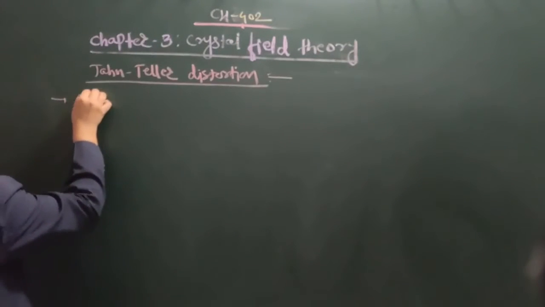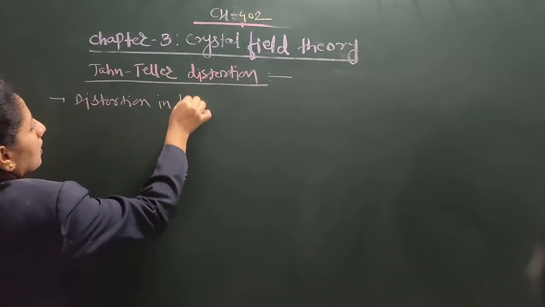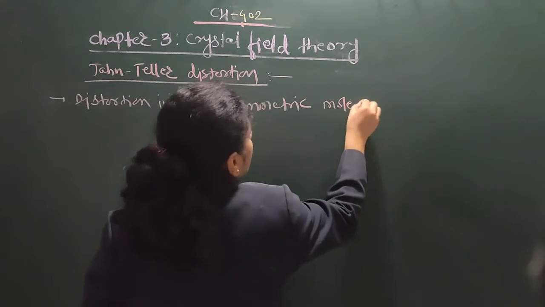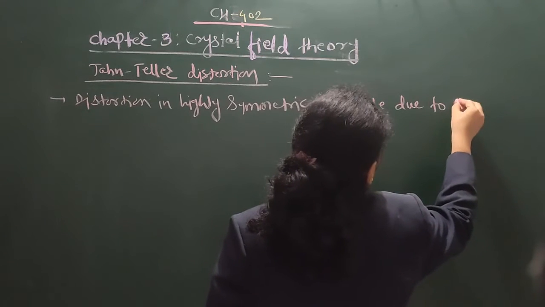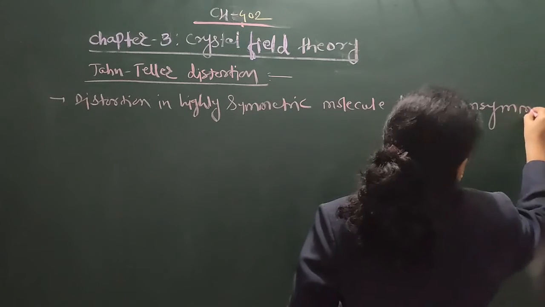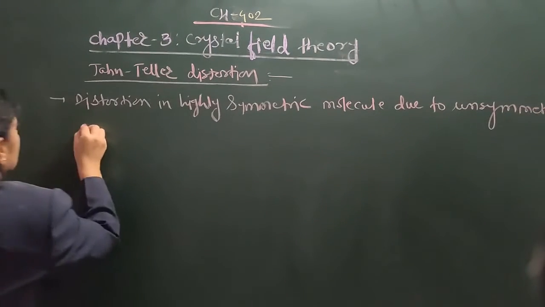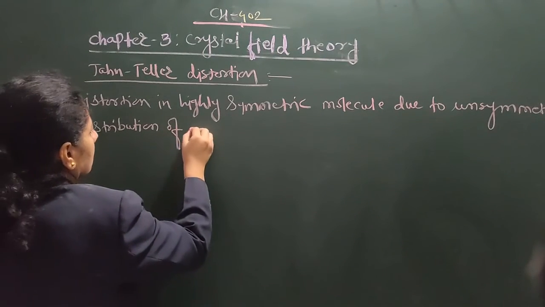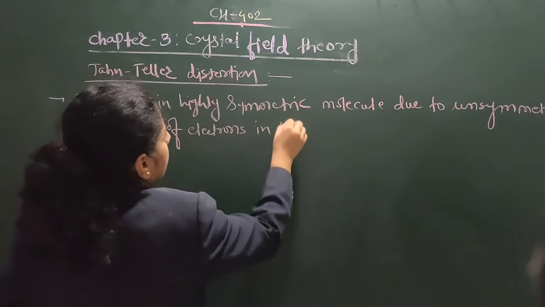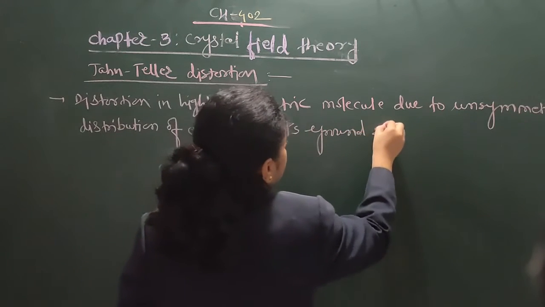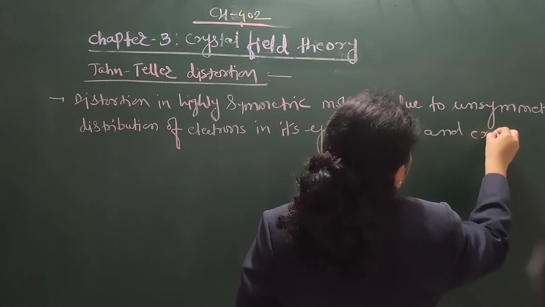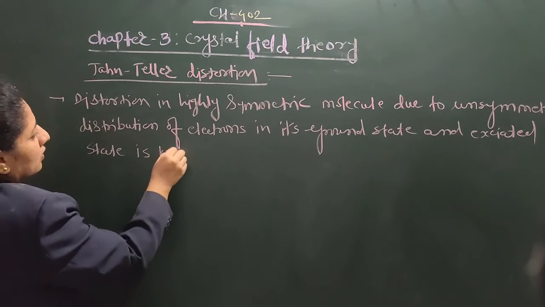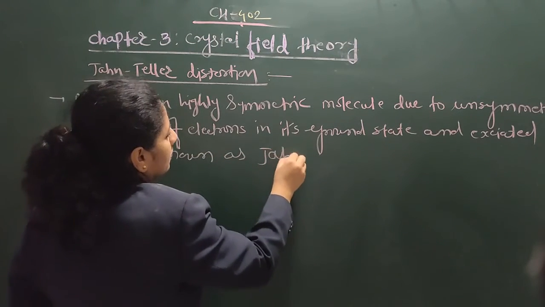So the distortion of a highly symmetric molecule due to unsymmetrical distribution of electrons in its ground state and excited state is known as the Jahn-Teller effect.